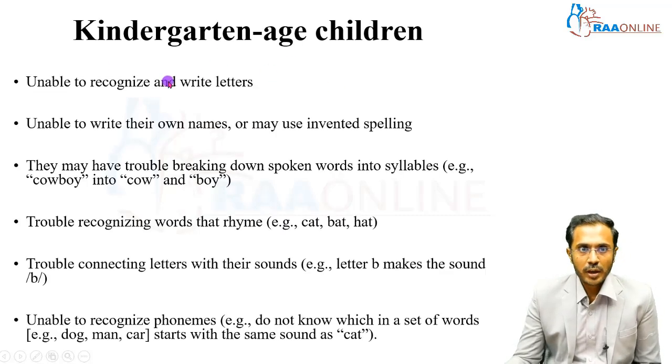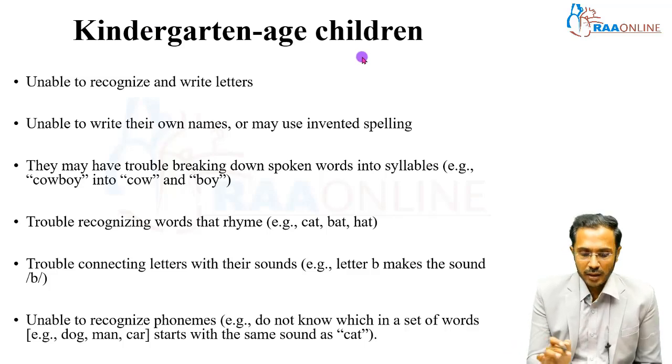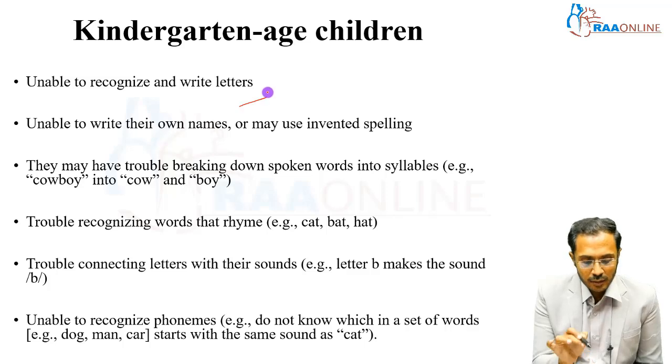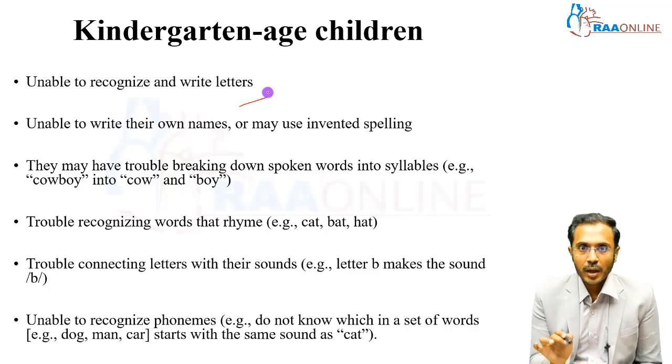Kindergarten age group, KG1 and KG2. Again, they will have problems in recognizing and writing letters. In kindergarten, they will start writing letters. Here they will have problems and be unable to write their own name. They may use invented spelling, some random spelling, and they have problems in breaking spoken words.